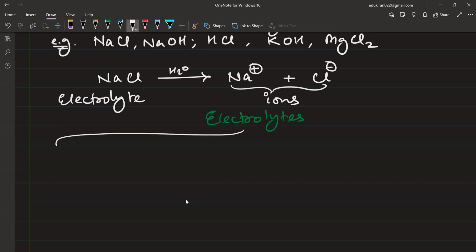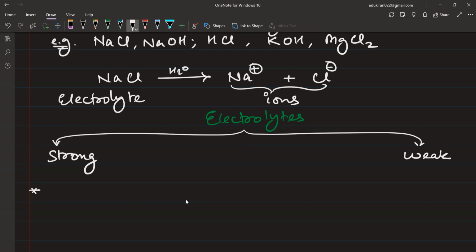We will divide electrolytes into two parts. There are strong electrolytes and there are weak electrolytes. Okay? Now, strong electrolytes dissociate completely.